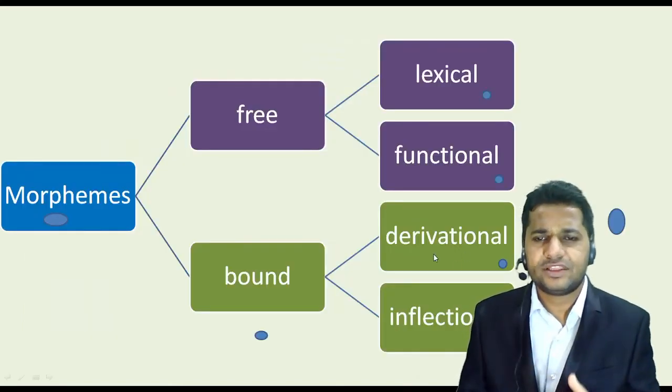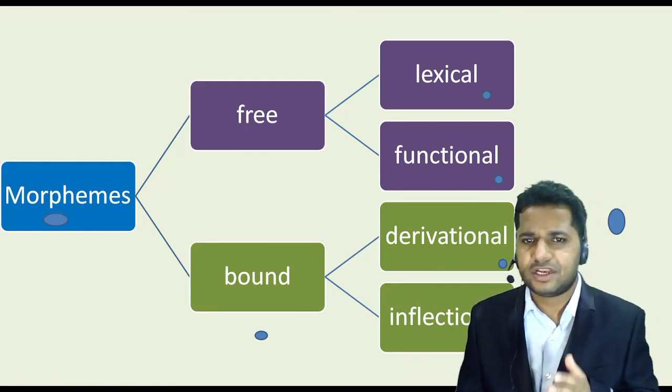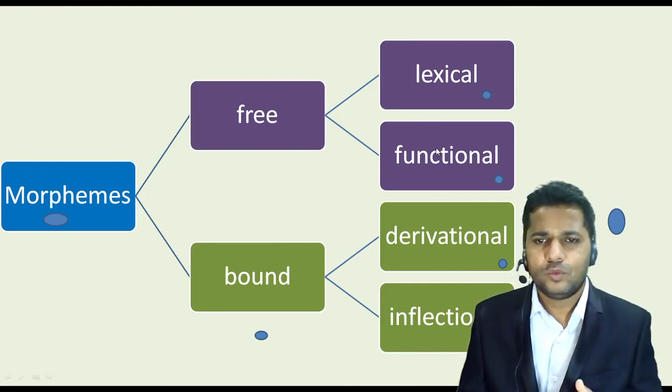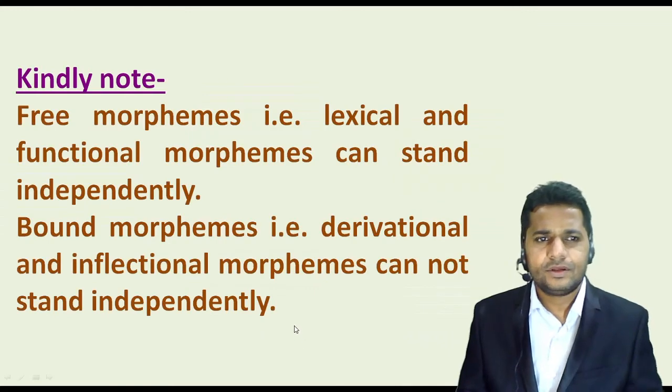So far we've seen the difference between derivational and inflectional morphemes, between free and bound morphemes, and we've also covered lexical and functional morphemes with their meaning. Now just remember this one, I have already told you about it.